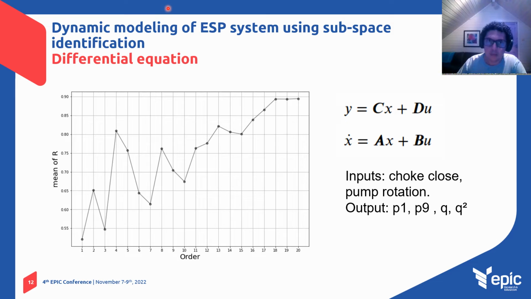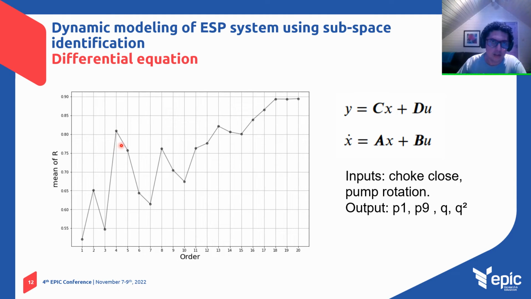The first step in modeling the system is to determine the order of the system, using N4SID to determine the system matrices A, B, C, and D. Tests were performed with systems of different orders, evaluating the Pearson correlation coefficient between the identified system and the experimental data. It is observed that for the fourth-order system the Pearson correlation coefficient reaches a maximum.